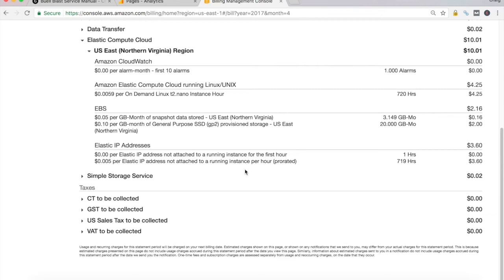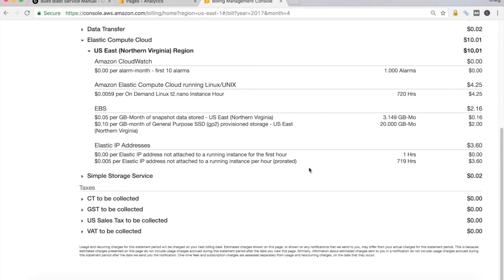And this was a bit of a problem on my part. You can see you're paying a half a cent per hour for each Elastic IP address that's not attached to a running instance. So I created an Elastic IP address, and I never attached it to my EC2 instance.